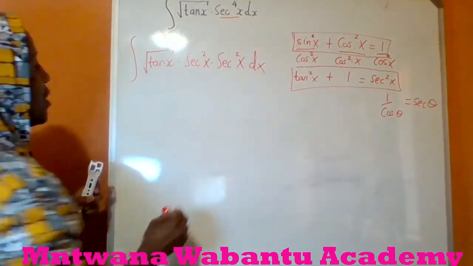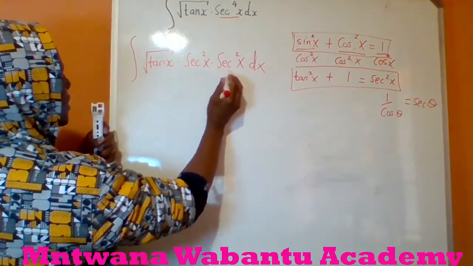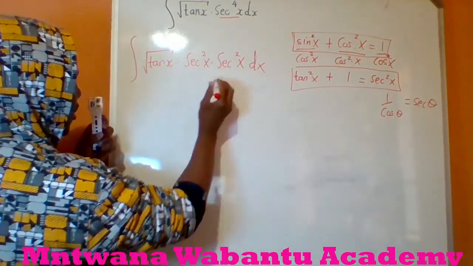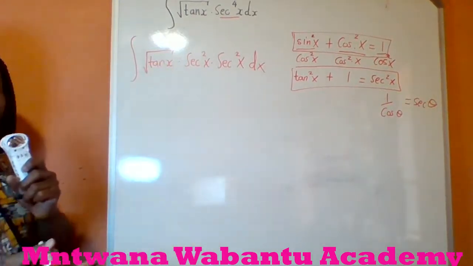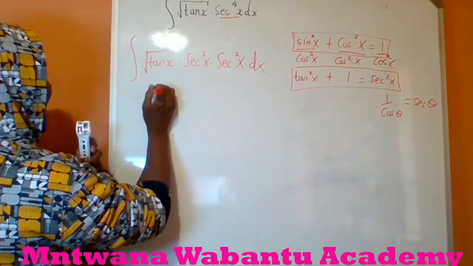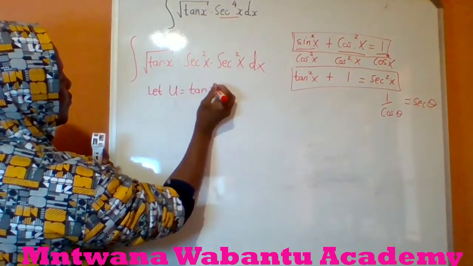So now another thing: from differentiation, I'm going to do a substitution here. Let me let this term equal to any letter, let's say u. So let u equal tan of the angle, and then I differentiate.